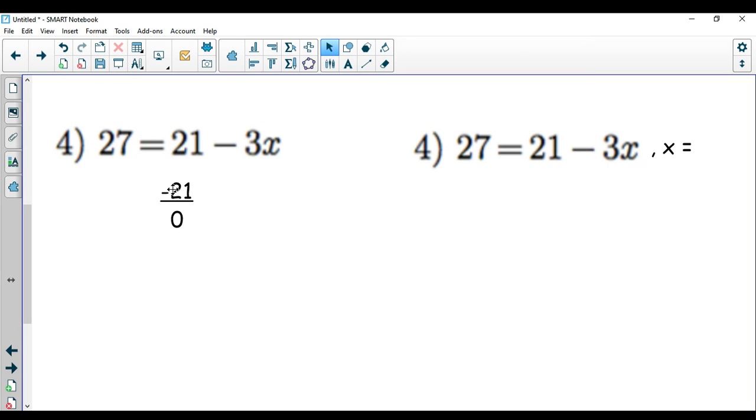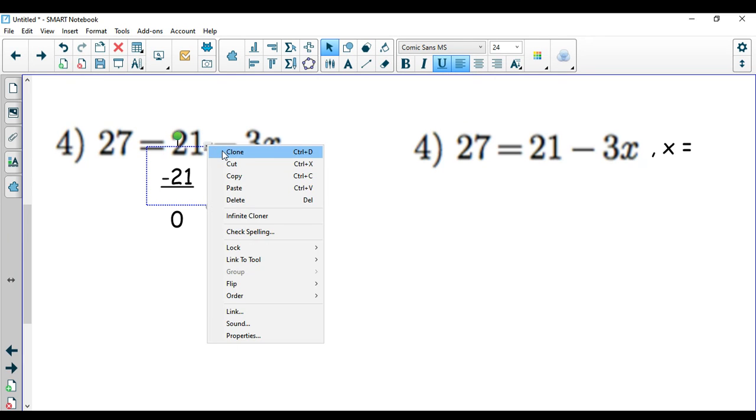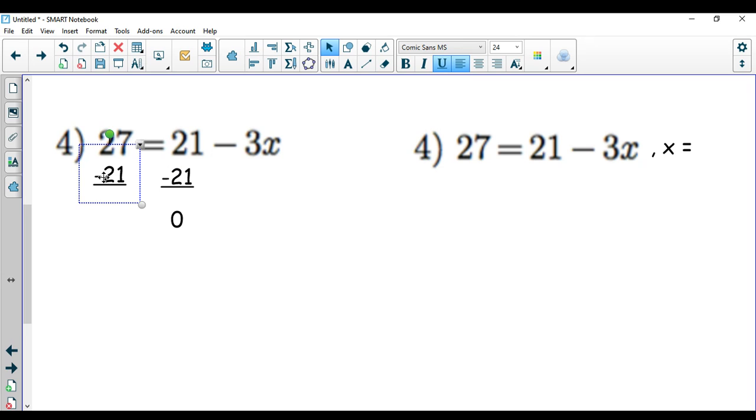And then whatever I do to my right side, I got to balance my equation because it's inverse operation. And I balance my equation, do the same to the left side. 27 minus 21 is going to be positive 6. Good. Put that up there. Restate our equation. 6 equals negative 3x.